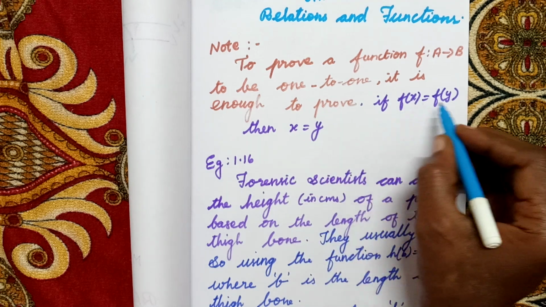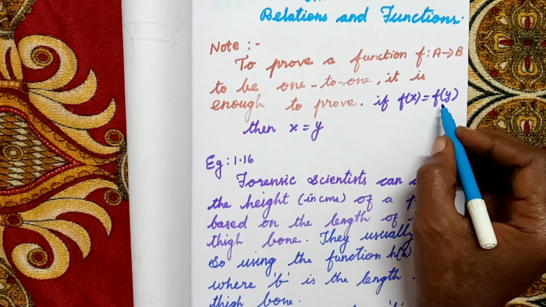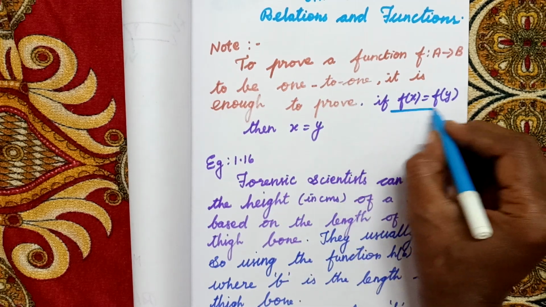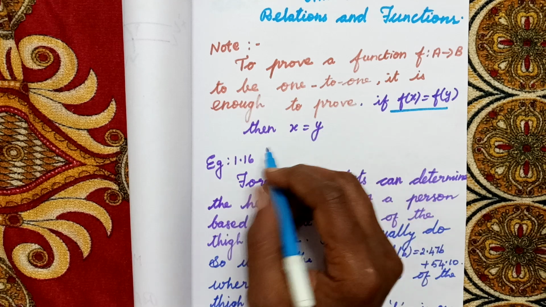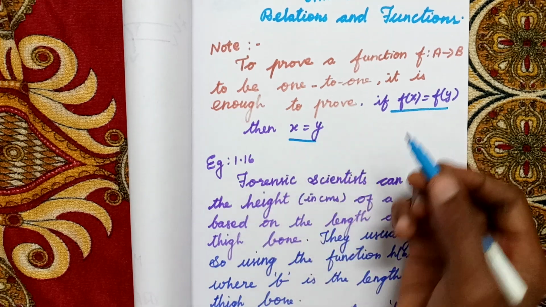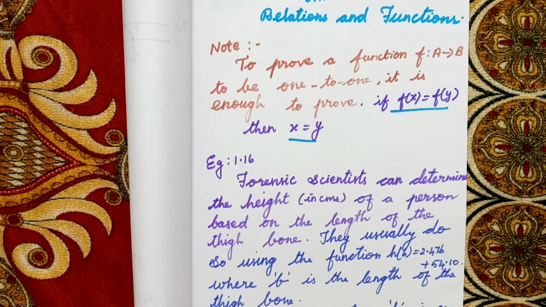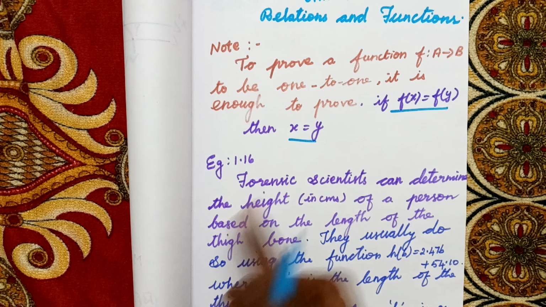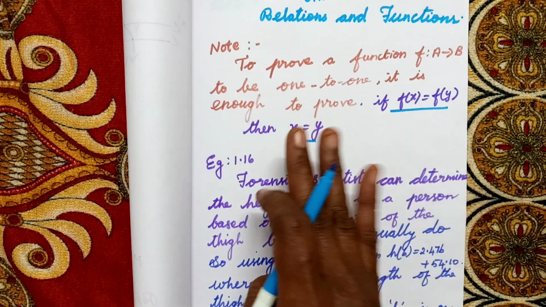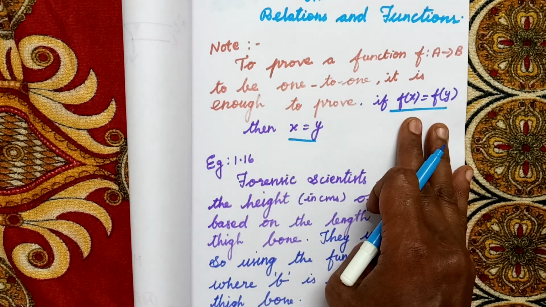If f of x is equal to f of y, we have to prove that x is equal to y. Then it is a one-one function.